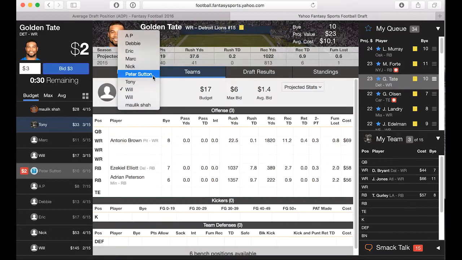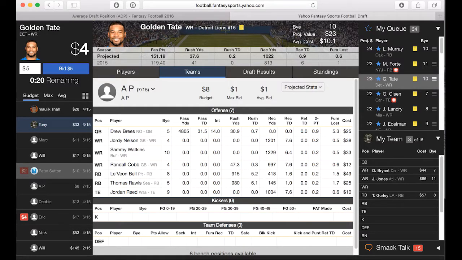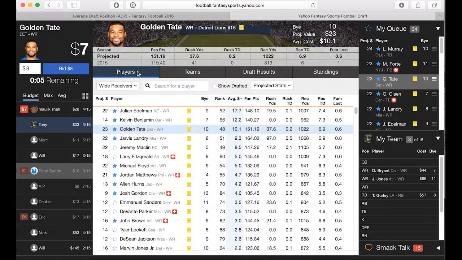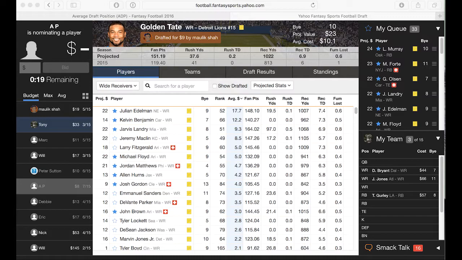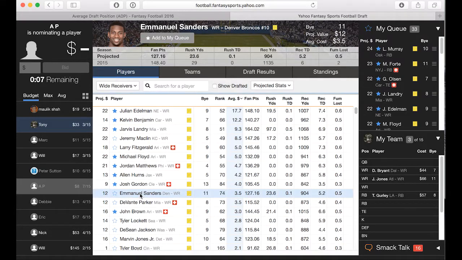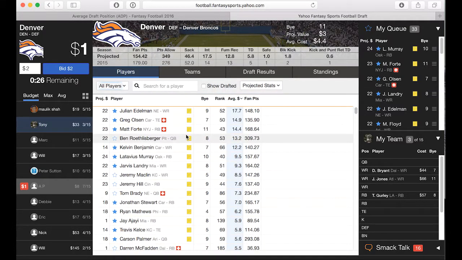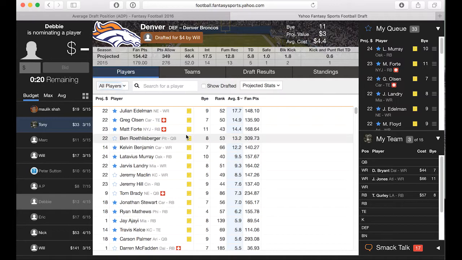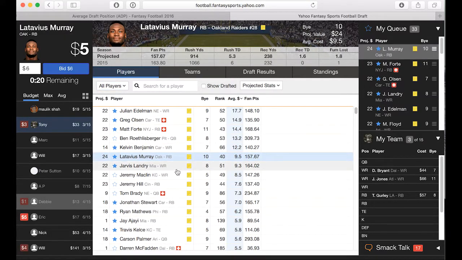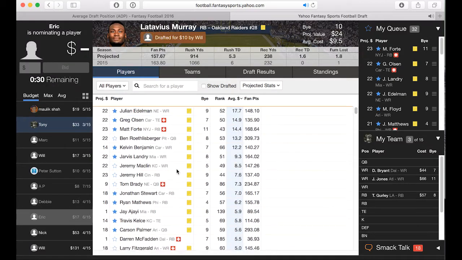What ends up happening is, towards the end of the auction, you'll notice some players that haven't been crossed out and are higher up on your list. And what you want to do is not nominate these players, but keep on waiting and try to snag these players at the end for a low price. And if you have your printed out cheat sheet and you're crossing players out as you do it, it's very easy to see these players at a glance and not get distracted by all the bells and whistles that you see here.